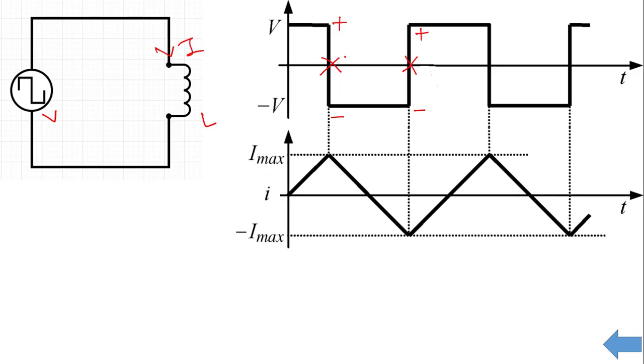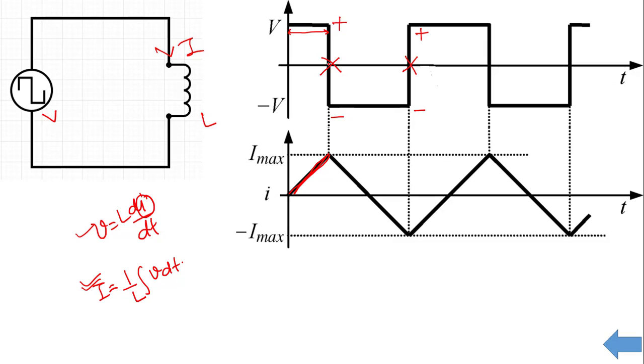So now let's see what will be the response of the current. Previously we have seen the voltage induced across the inductor is V is equal to L di by dt. Now we want to check the current response, so I can write I is equal to 1 by L integration V dt. So if you know the waveform of the voltage applied across the inductor, how would you draw the waveform of I? As you can see, the voltage is constant from here to here. If you integrate a constant, you will get a linear part, right?